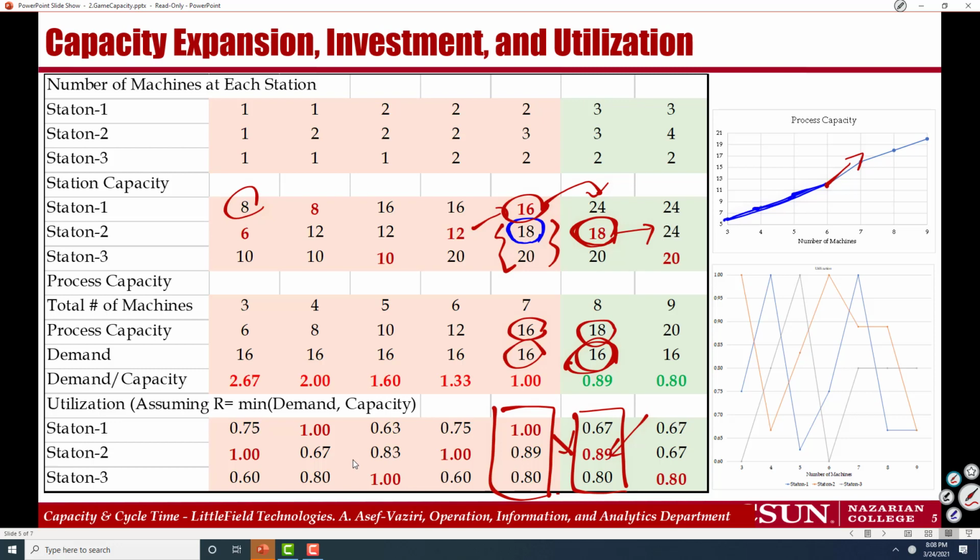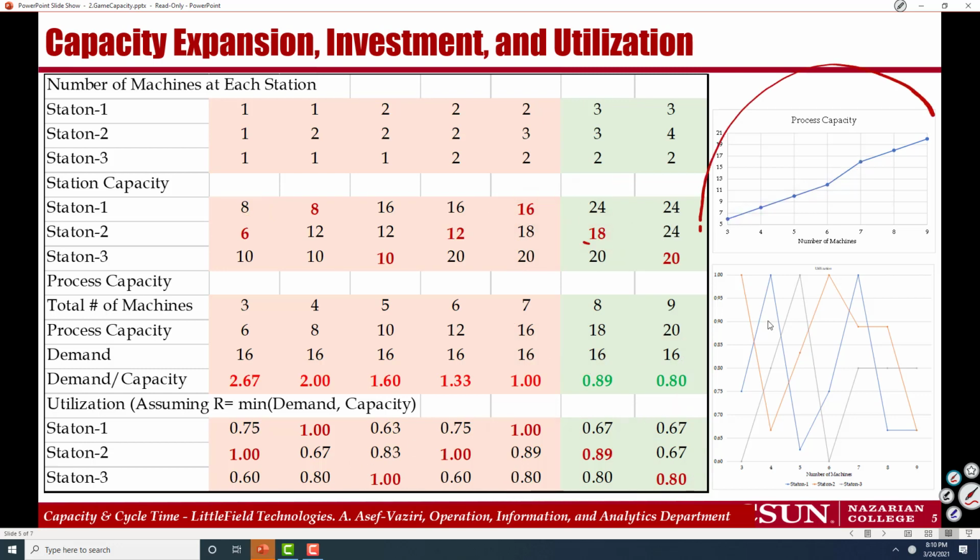Now, things look very smooth. Capacity of the process is 20. Demand is 16. Utilizations are all under 80%. Two machines are even under 70%. So with high probability, we will be able to produce something close to the actual demand of 16 per day.